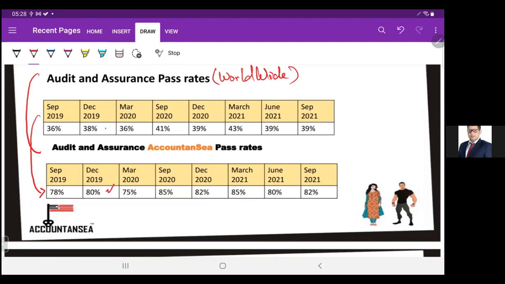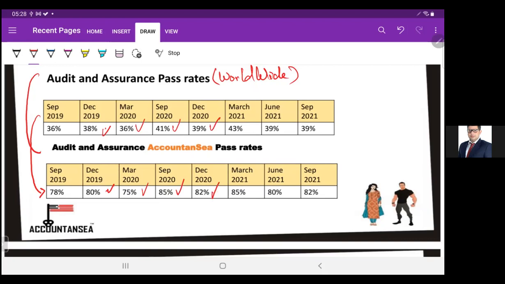In March 2020, the passing rate was 36% and 75%. In September 2020, the passing rate worldwide was 41%, and for my students it was 85%. In December 2020, it was 39% and 82%.